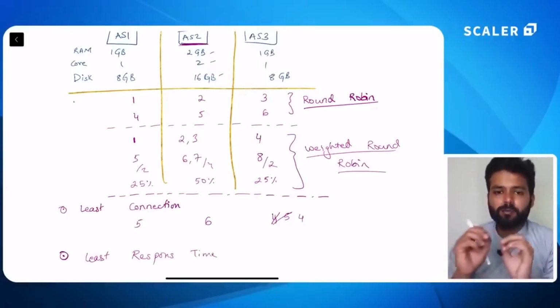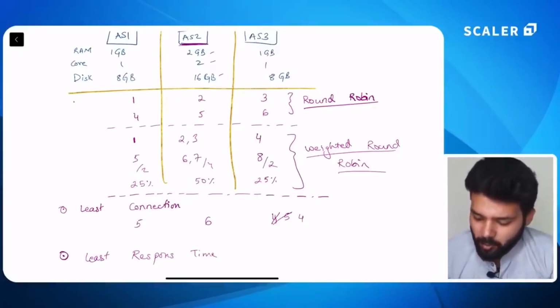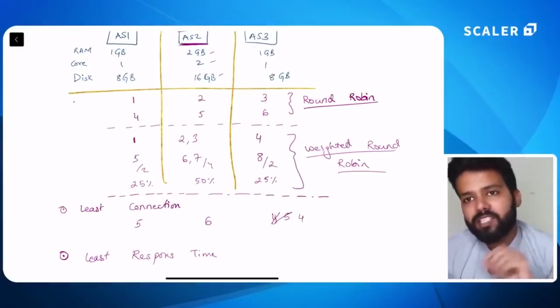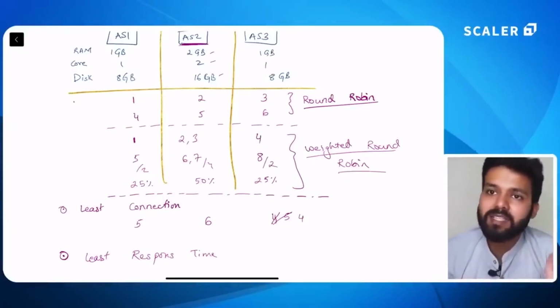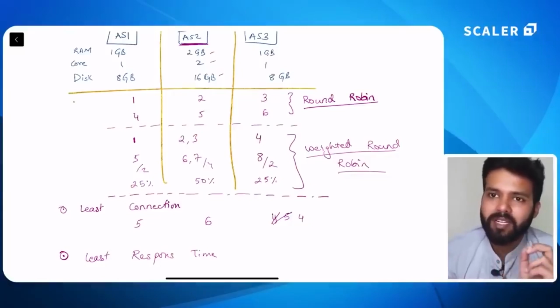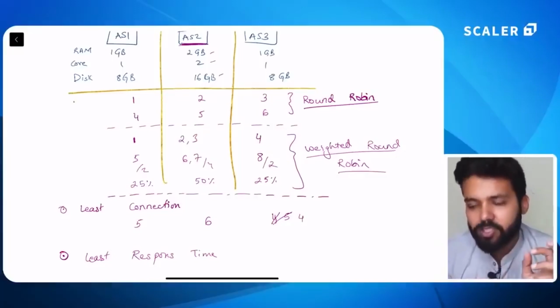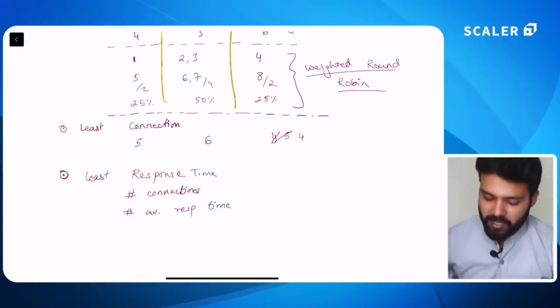In least response time strategy, we look at two parameters. One is the number of connections it has, and the second is the average time it takes to complete a particular request. Considering these two parameters, we decide which server should cater to my next incoming request.